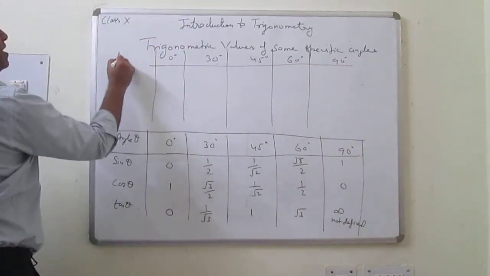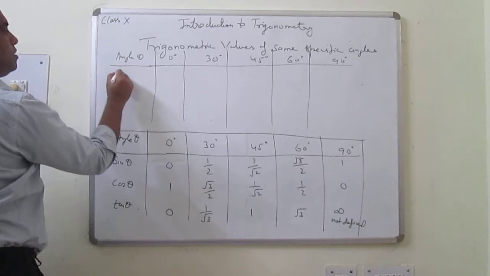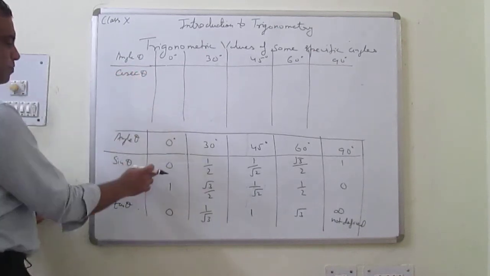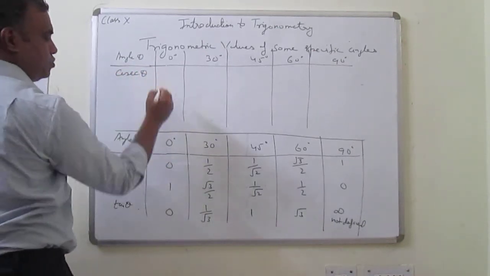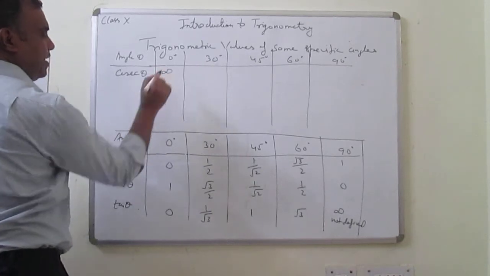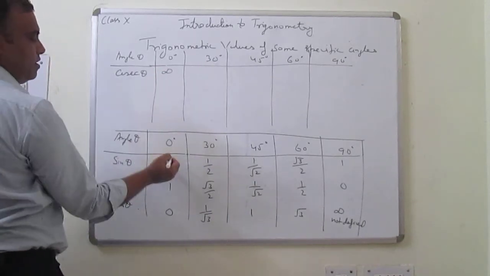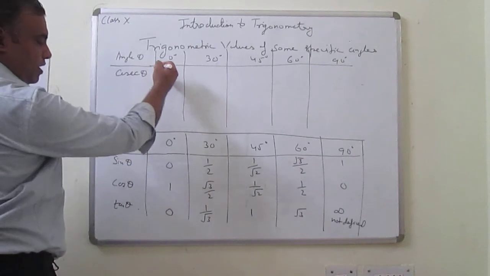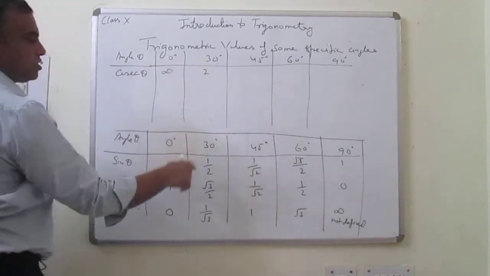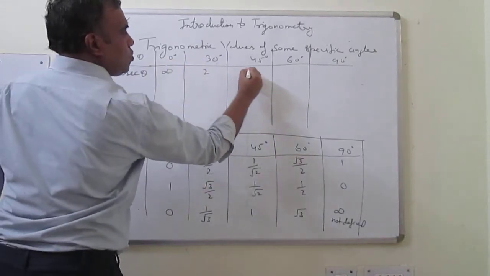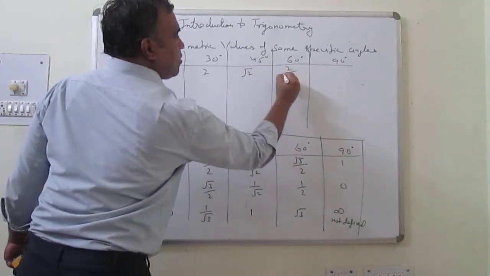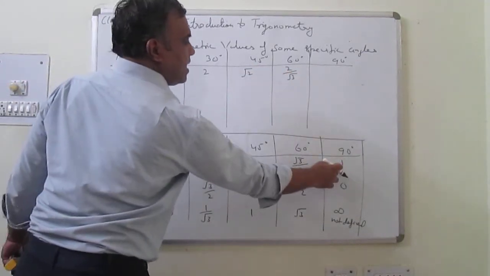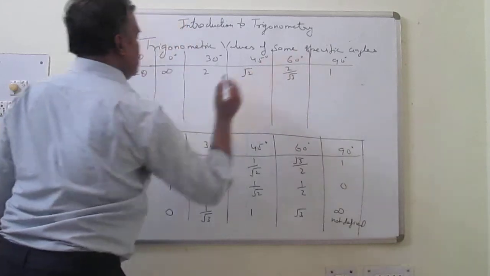Here it is angle theta, cosec theta. The reciprocal of 0 upon 1 is 1 upon 0, so it is not defined. Then the reciprocals give 2, root 2, 2 by root 3, and for sin 90, 1 upon 1 is 1.